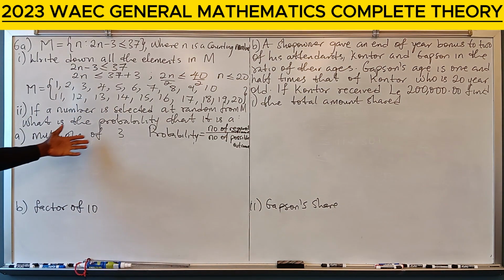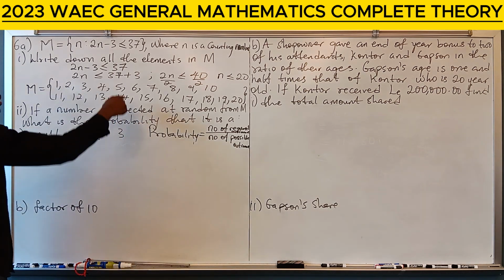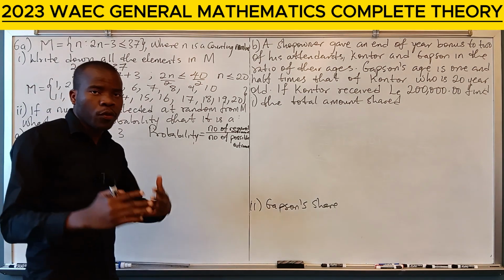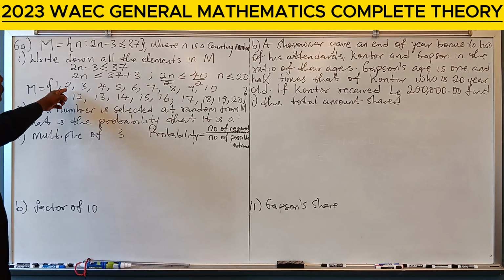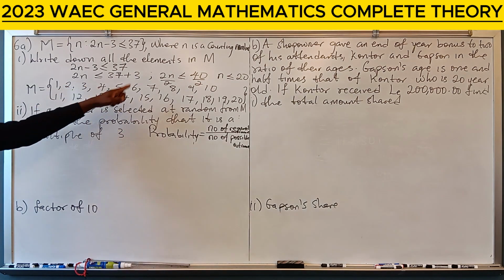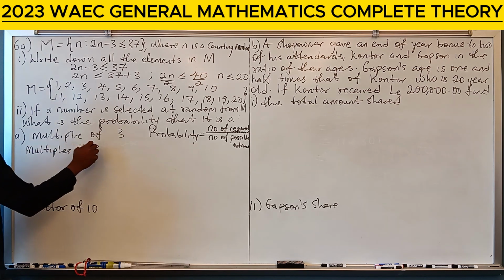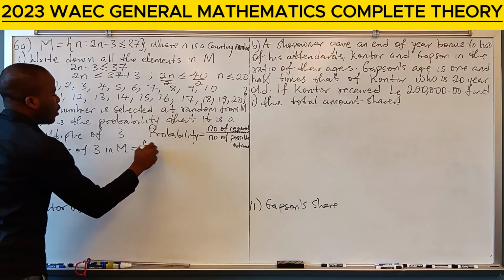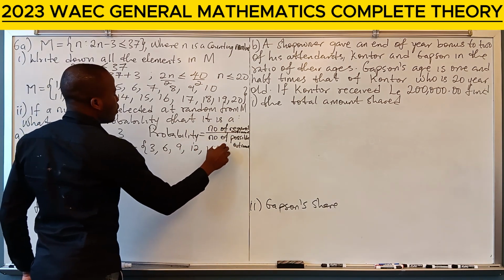Now, what are the multiples of 3 in this set M? Multiples of 3 are those set of numbers 3 can divide. So multiples of 3 in M are 3, 6, 9, 12, 15, 18.